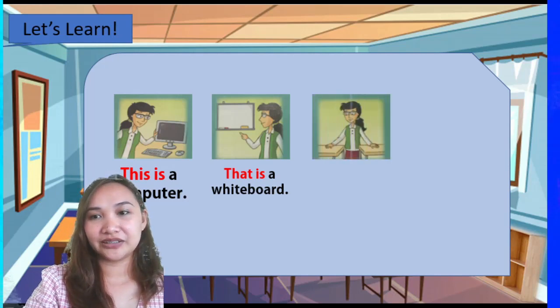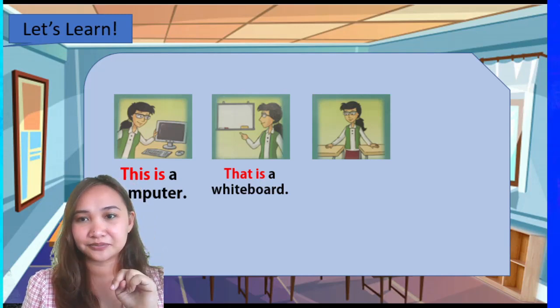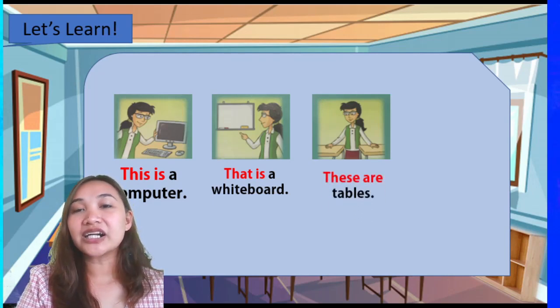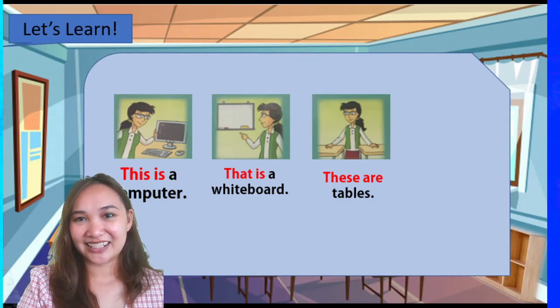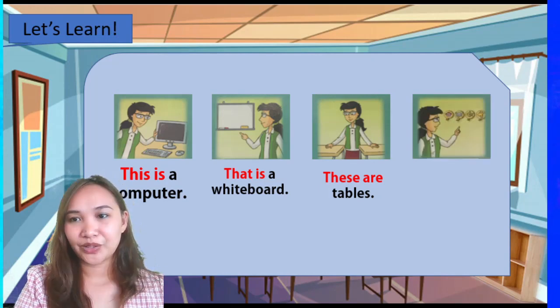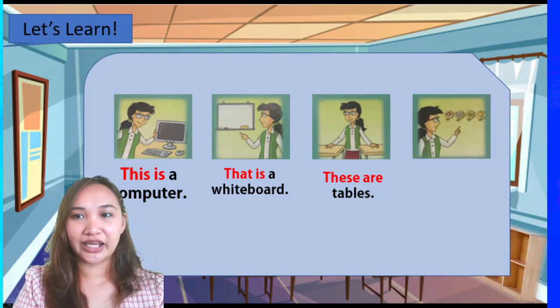Okay, very good. How about this example? Look at her hand. So she will say, these are tables. Okay, how about that one?